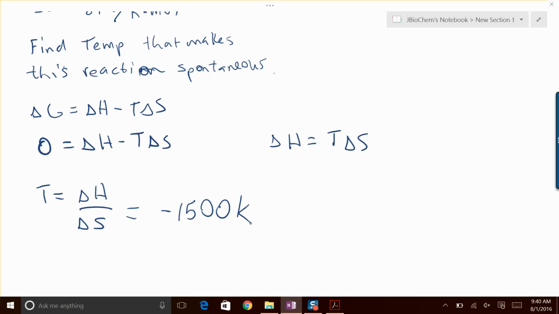This proves that. You can't have a negative Kelvin temperature, especially a negative 1500 Kelvin temperature. So at any temperature, this reaction is going to be spontaneous. It doesn't matter what the temperature is.